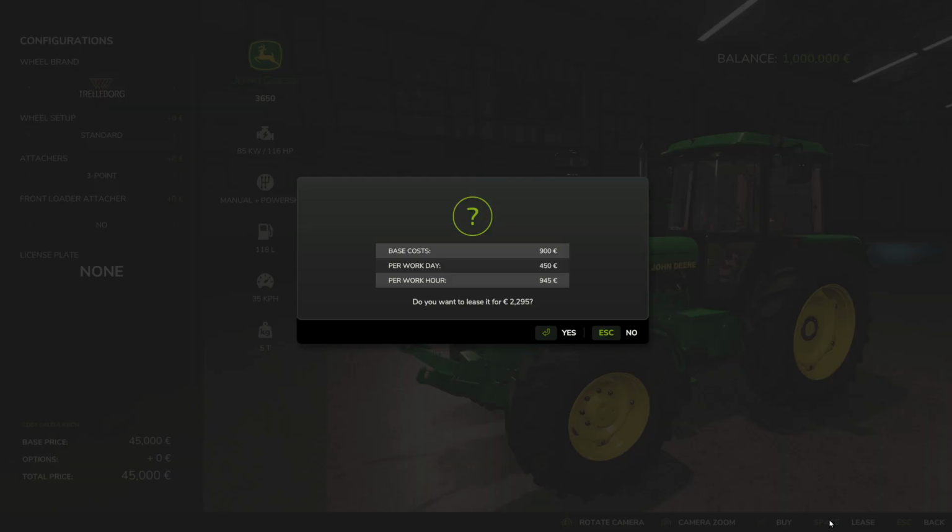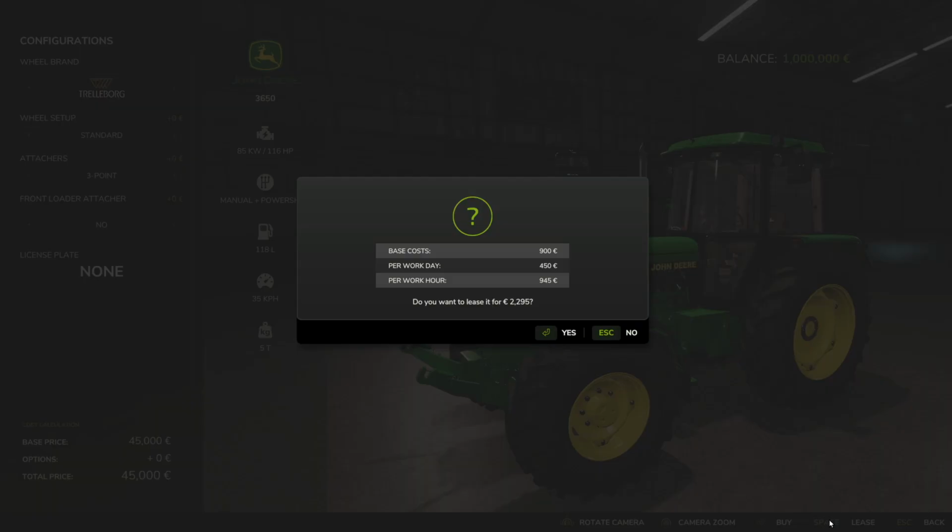Therefore, the real time hour counts. So in total, you have to pay $2,295 to lease it, and then you can use it 1 day and 1 hour. The additional costs are taken automatically if you use it longer.